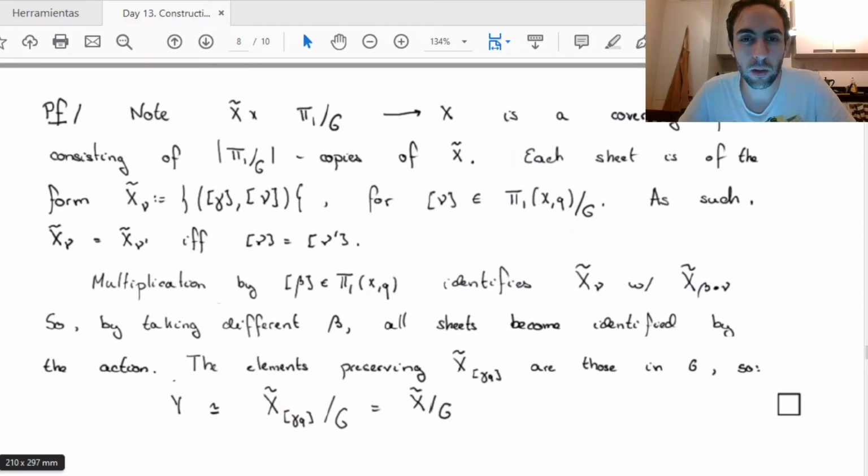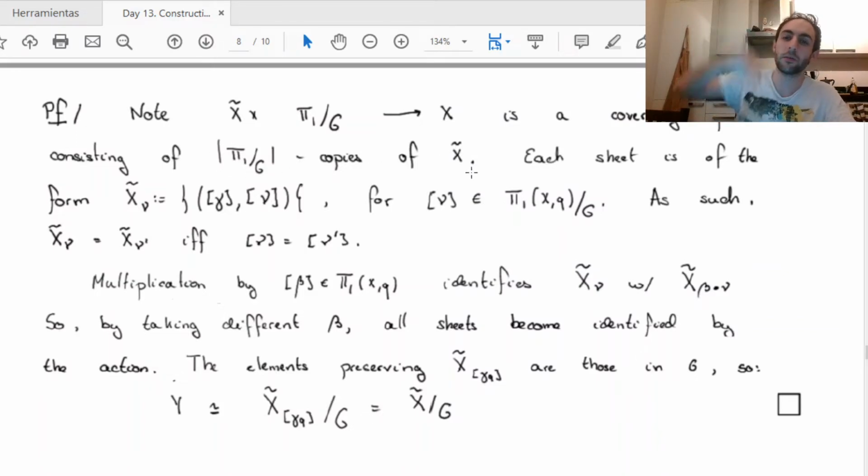All right, so what do we have here? Let's look at the space we have before quotienting. This is just a product, right? This is just a set, and this is the universal cover. So as such, this is essentially a covering space that is not path connected and has this many copies of X tilde as different sheets.